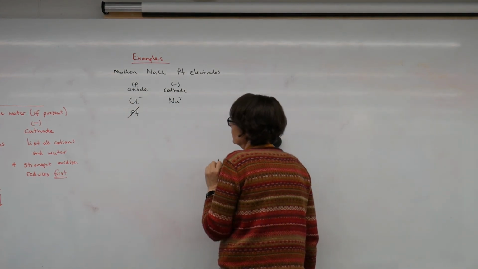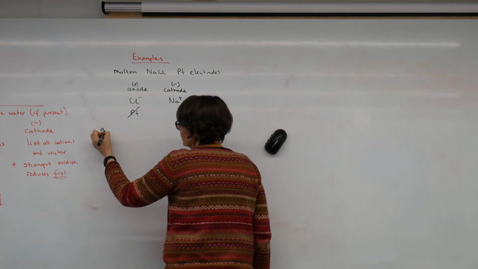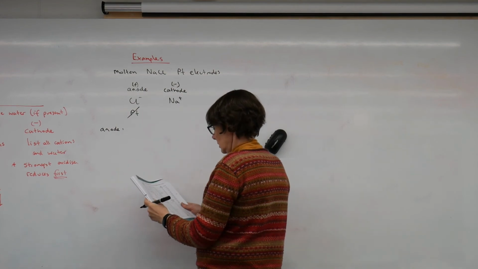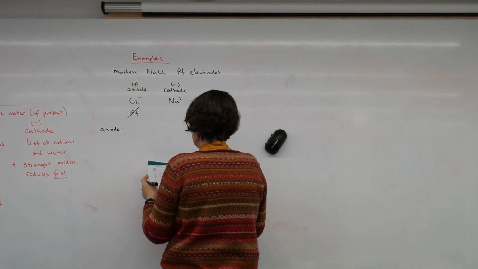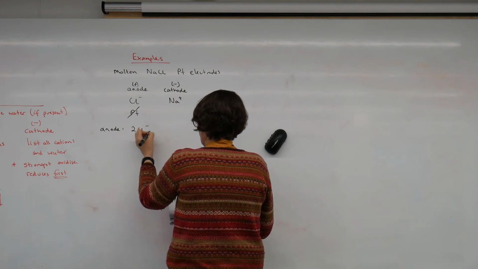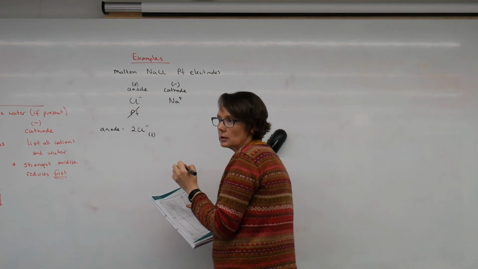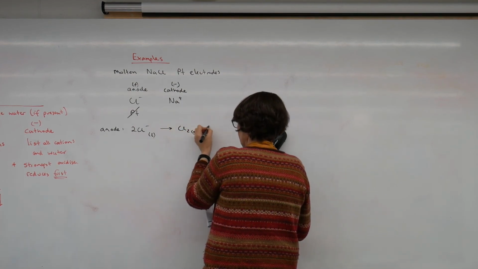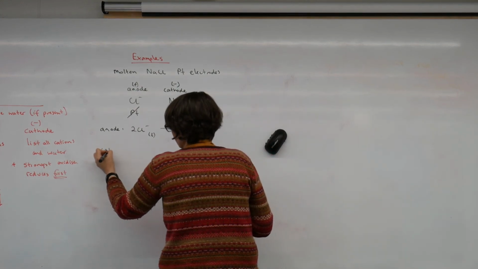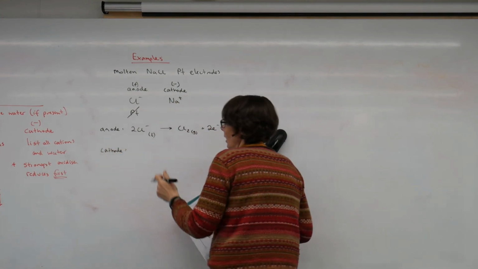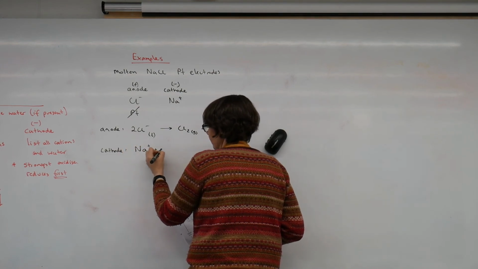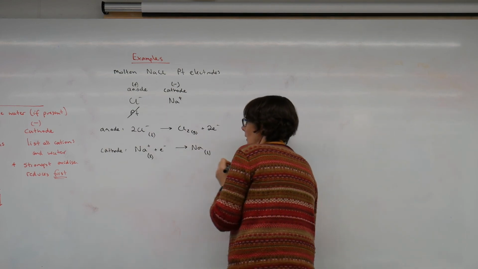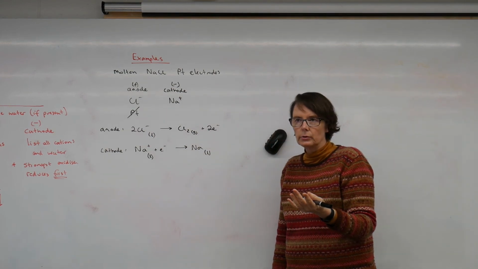We've got time to just finish this off. So for our anode, we have a chloride ion. This time it's liquid because it's molten. And our cathode, this is how we can produce our metals.